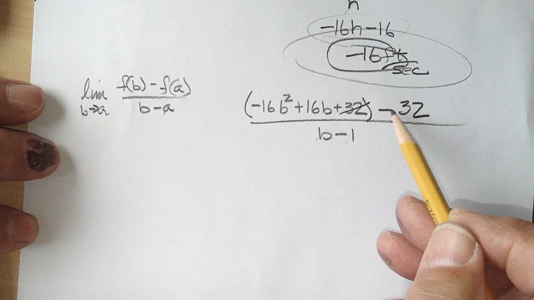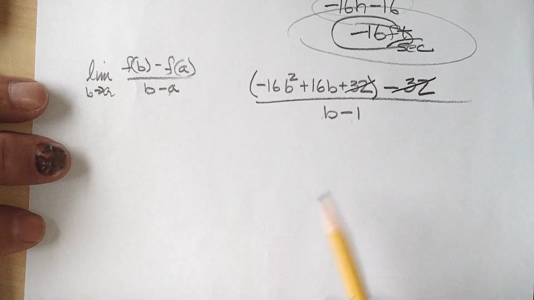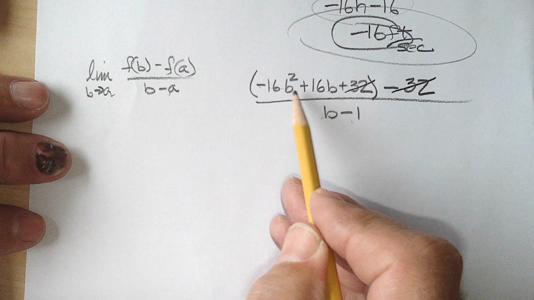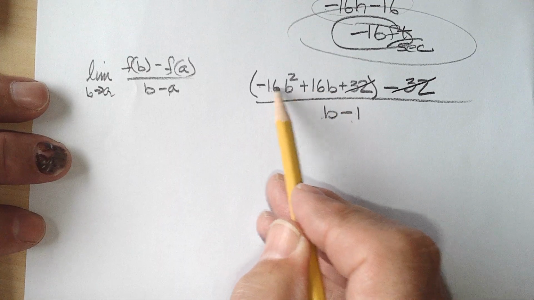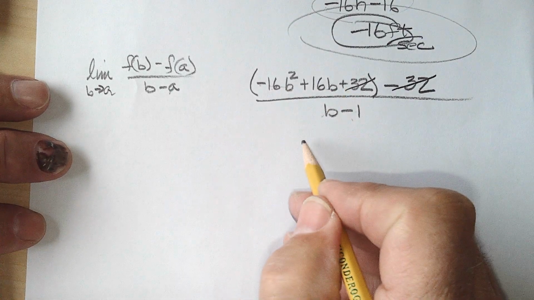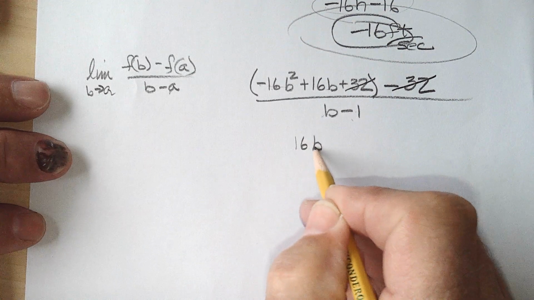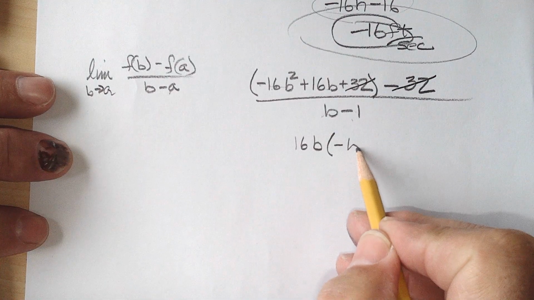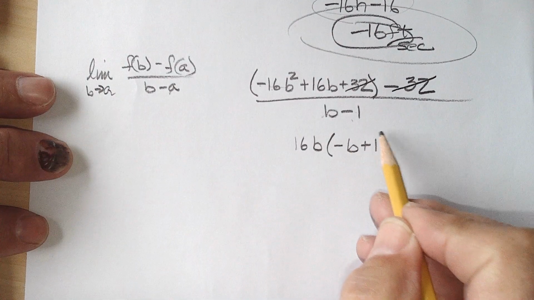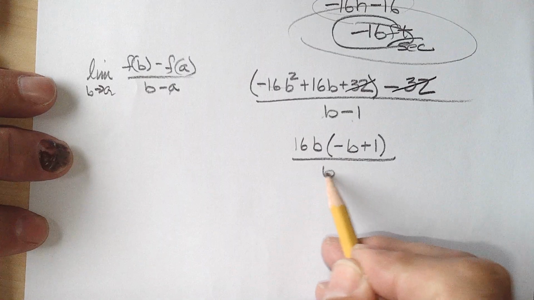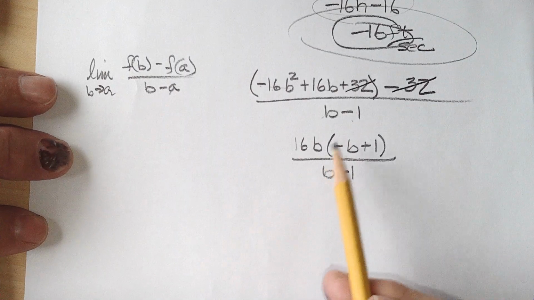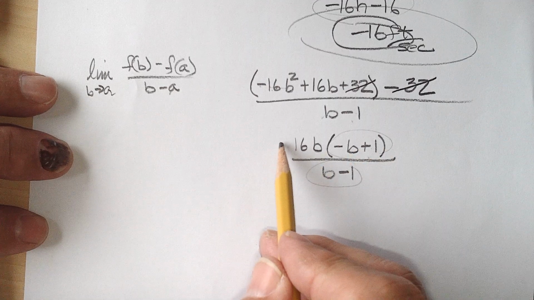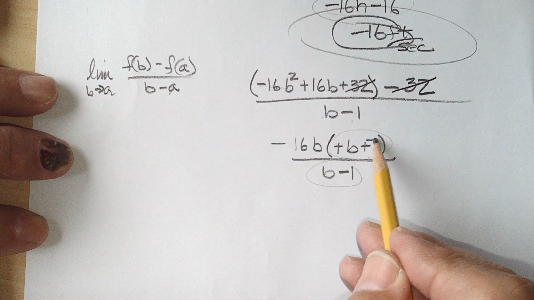So the 32's cancel, and then I have negative 16b and 16, and a 16 can be taken out of both of those. So 16 times minus b plus 1. Well, this is the negative of this. If I pull a negative out, that makes that plus and that minus.